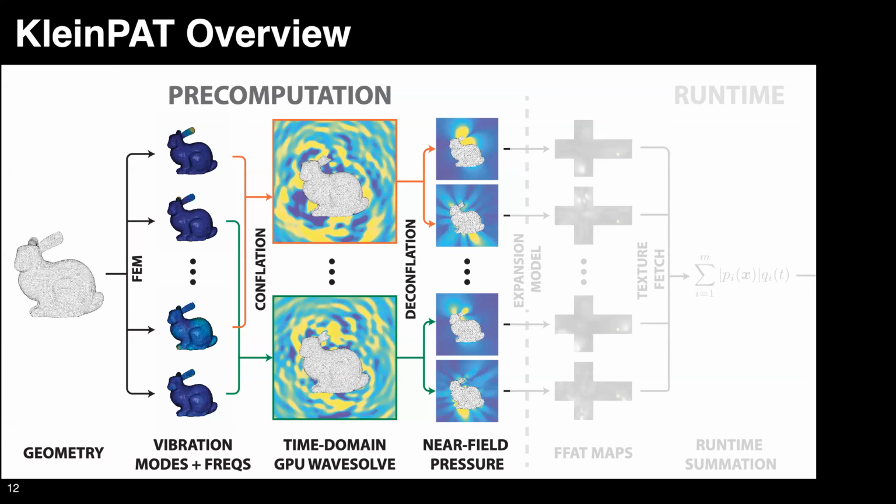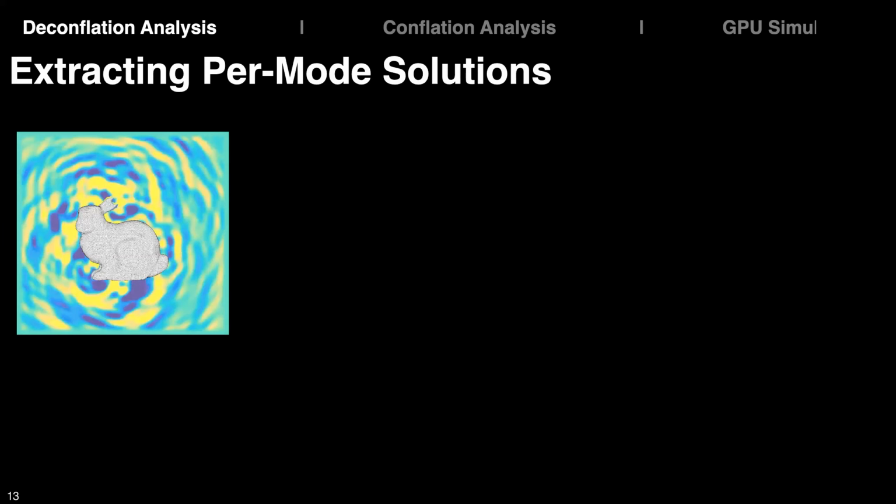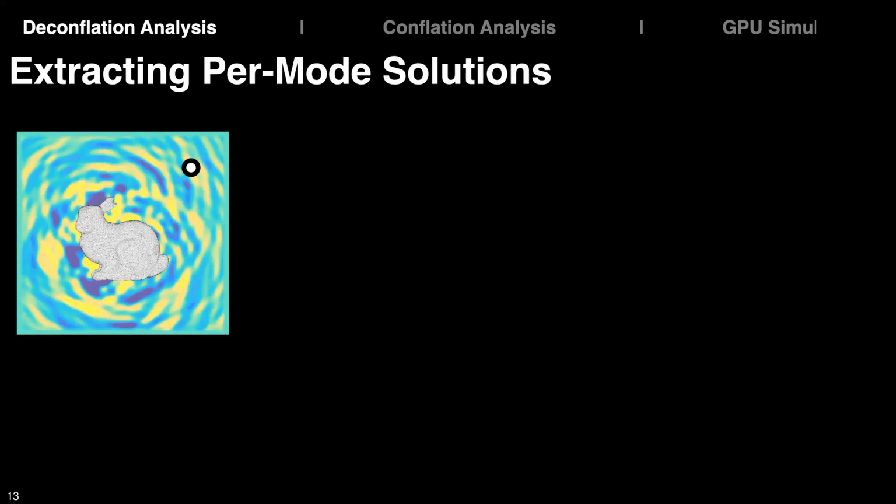So what I'm going to first do is talk about the conflation step. The basic idea is simple. Okay, I'm going to talk about deconflation first. So if we have a field that is a superposition of multiple harmonic fields, then you can figure out the frequencies using some frequency analysis, but we actually already know the frequencies of each of these solves.